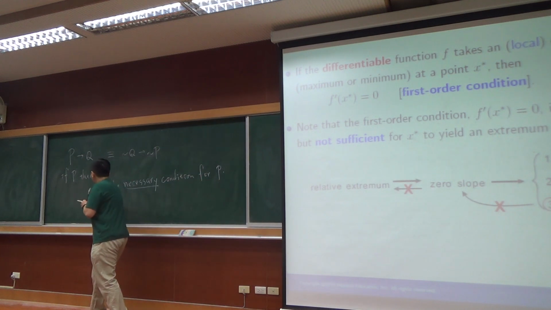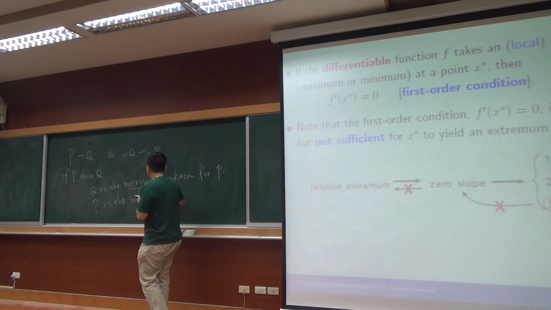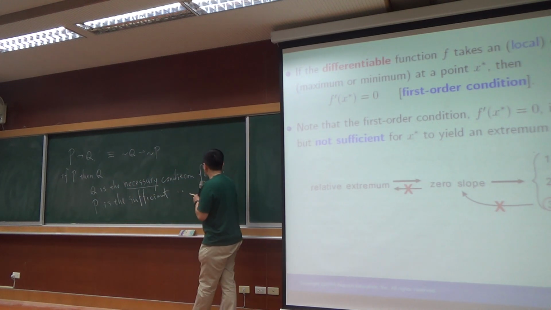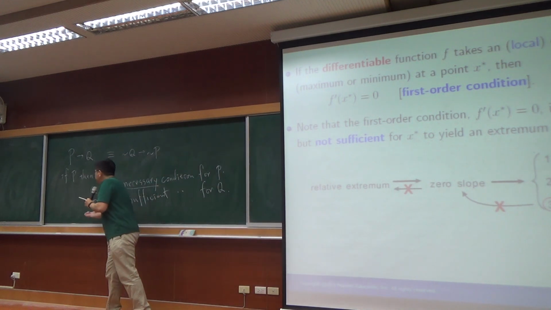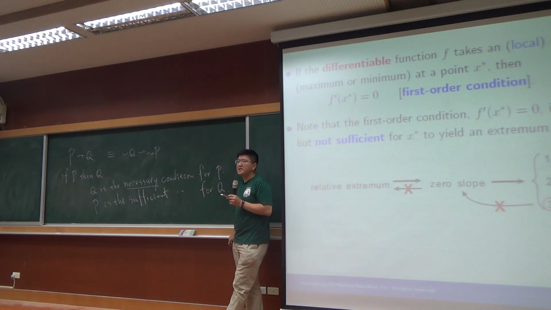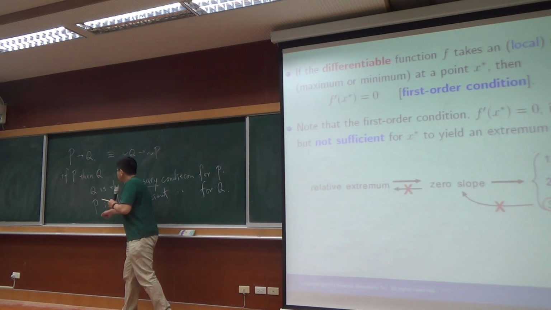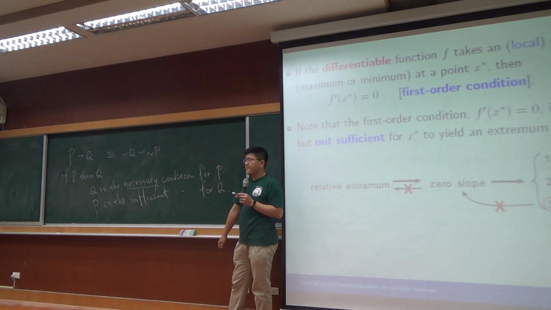And we say P is the sufficient condition for Q. So if P is satisfied, then Q must be satisfied. P guarantees the occurrence of Q. Okay?